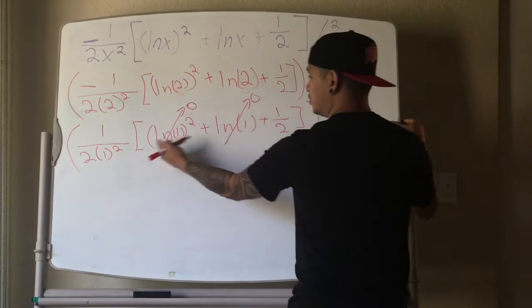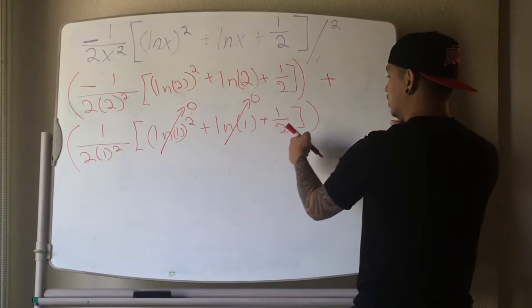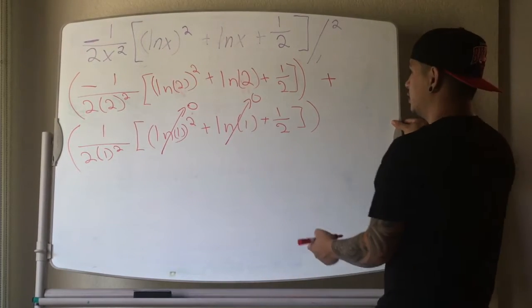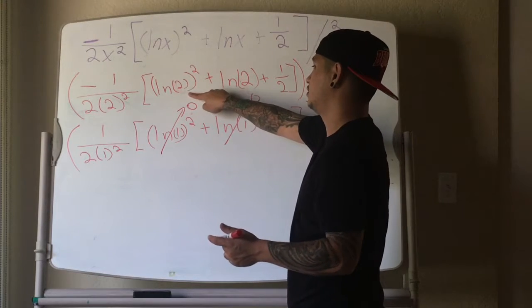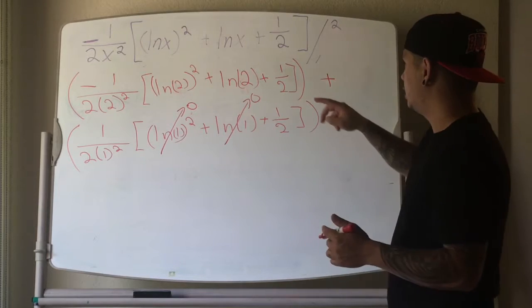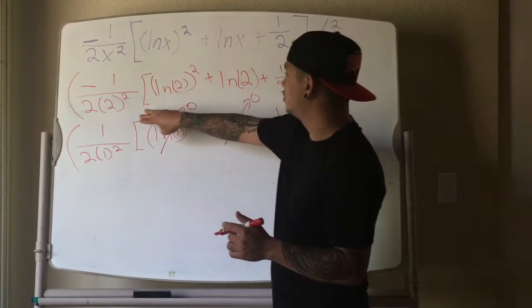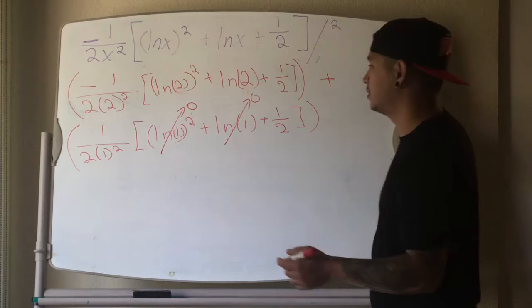But this is 0, so this times 0, 0, this times 0, 0, so 0 plus 0 plus 1/4. Over here, well, we know that there's a value for ln2, but we don't know what that value is. So maybe we want to FOIL out this as we go along, see what happens.